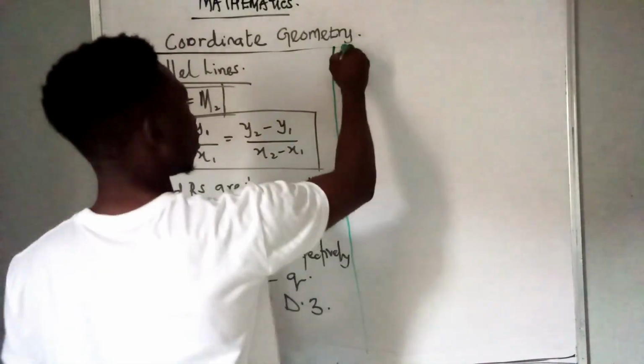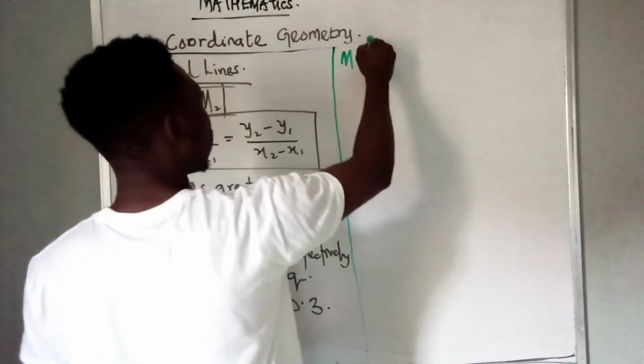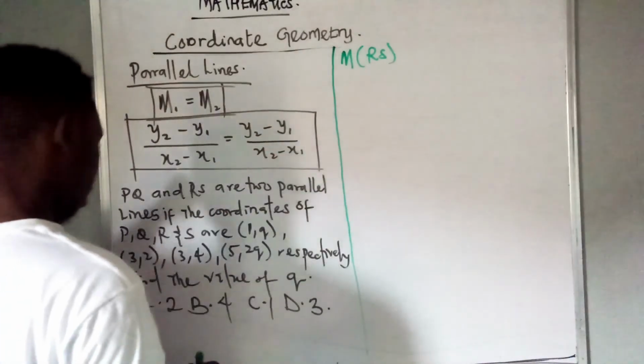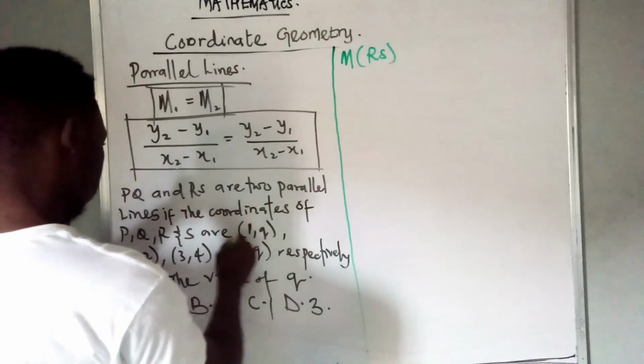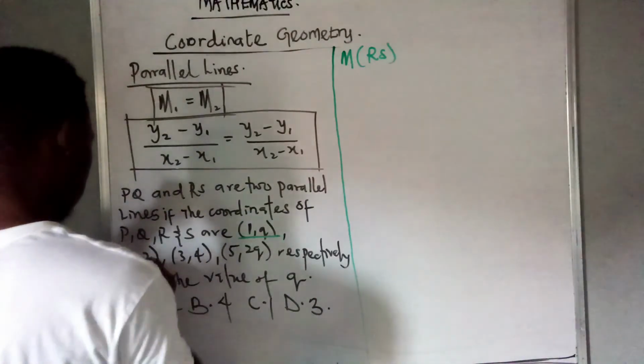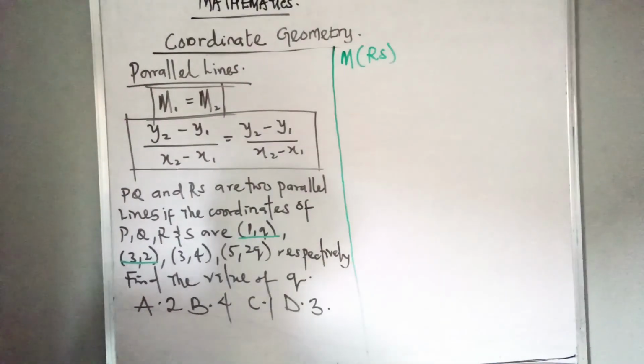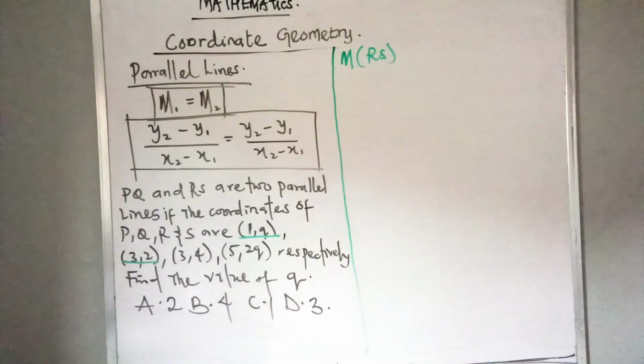Now, let's find the slope of RS. So the slope of RS is what? This first. These are the coordinates of R and S. Okay, hold on. Let's check it out.